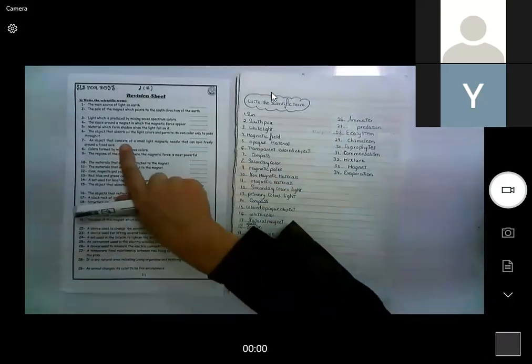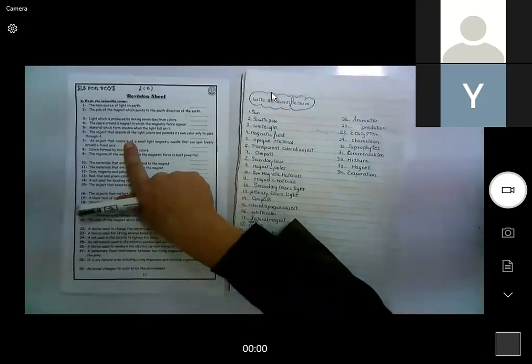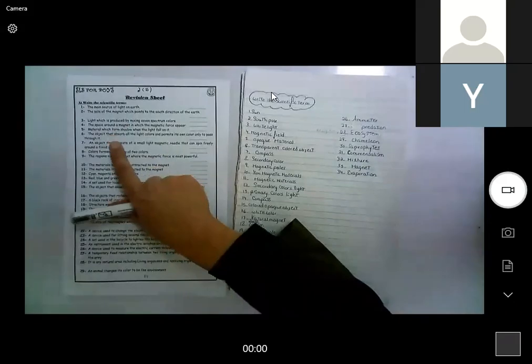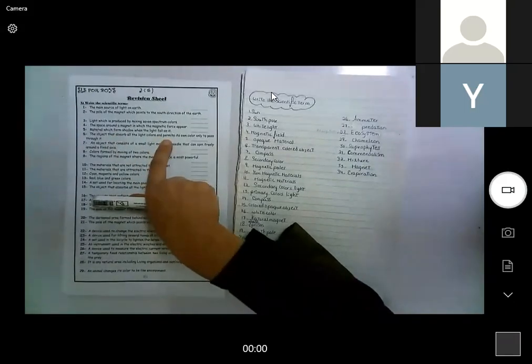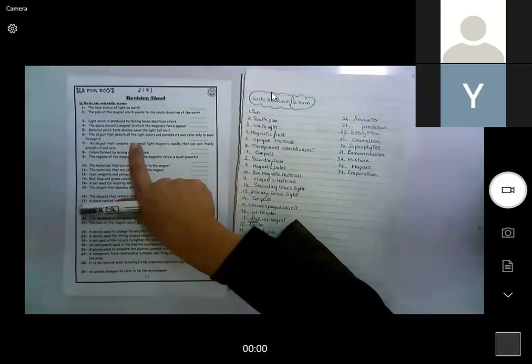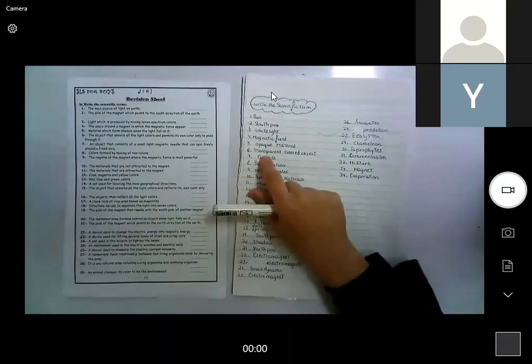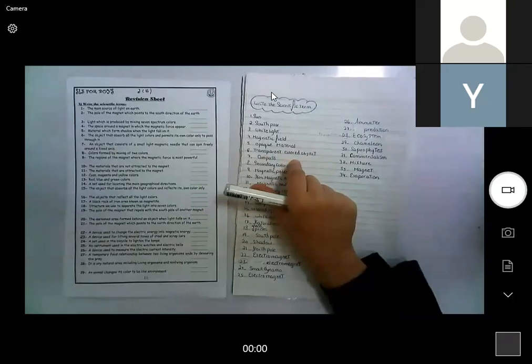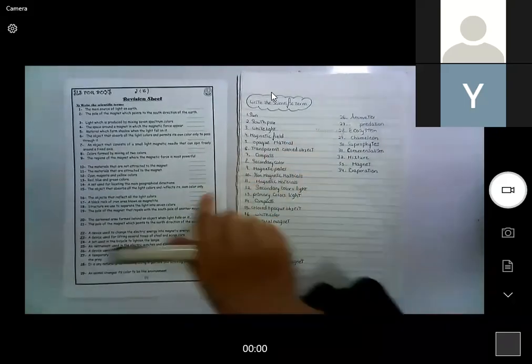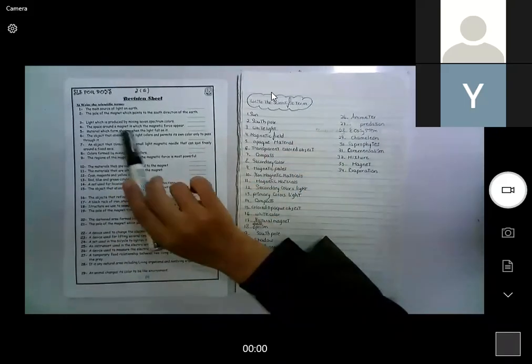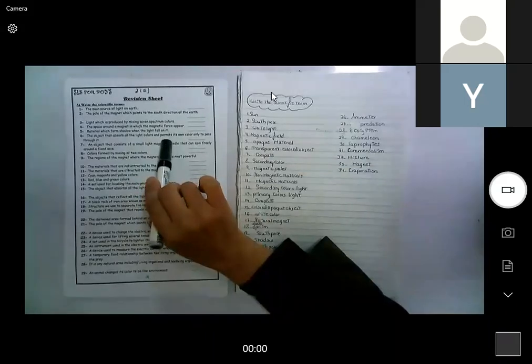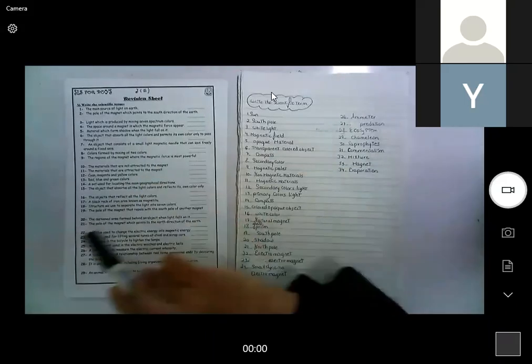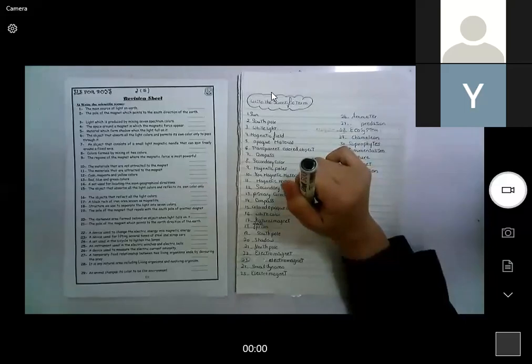But if I ask you absorb and reflect, you have to write opaque colored object.